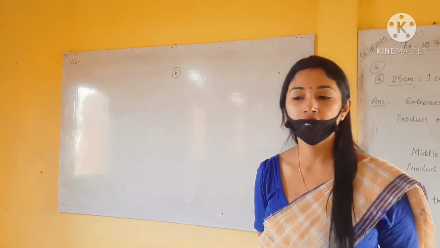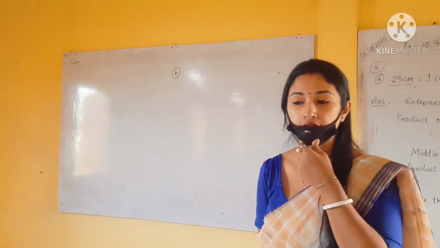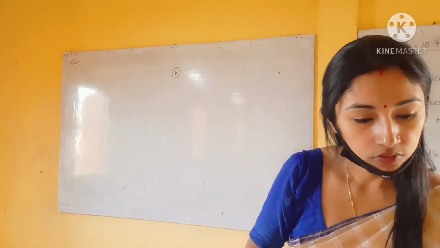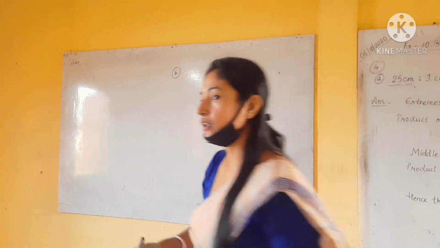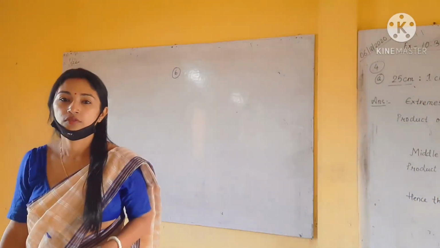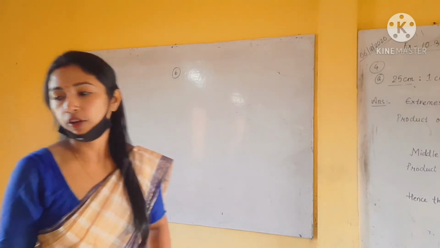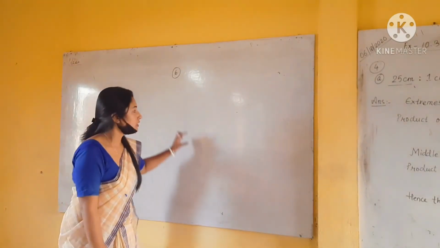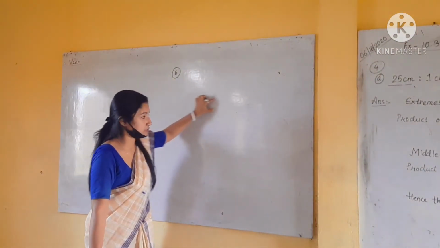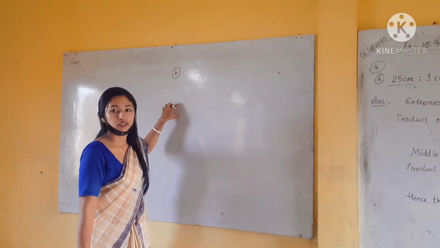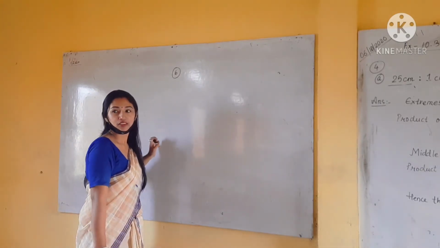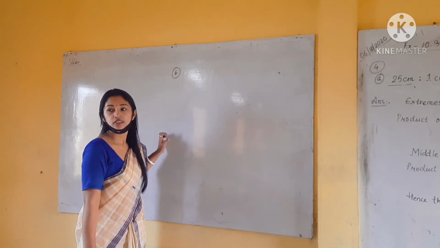Therefore, we can write in the next line. What do we have to write? Can anybody tell me the answer? Just tell me the expression. 20. No, before 20 we have to write something. Quantity of rice is to quantity of rice.